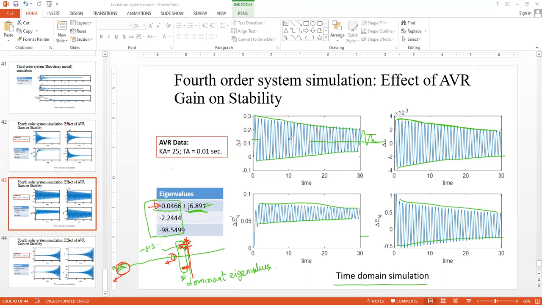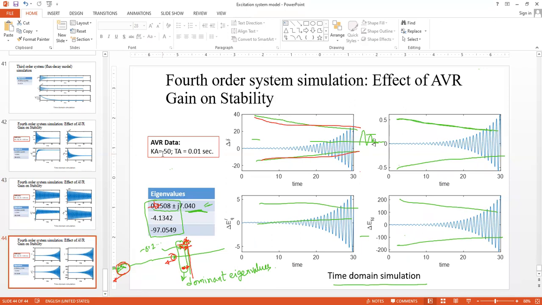You can see the magnitude is not dying out even after 30 seconds of simulation. But still we can call it stable, because all of the real parts of the eigenvalues are negative. Still we are in the stable zone. Now, next, increase the Ka value a little further.